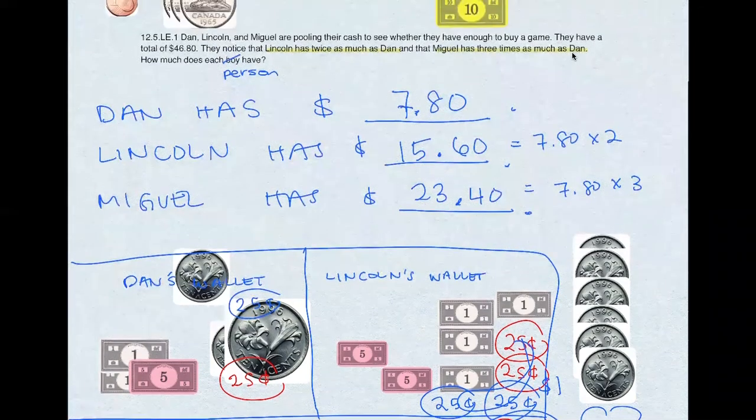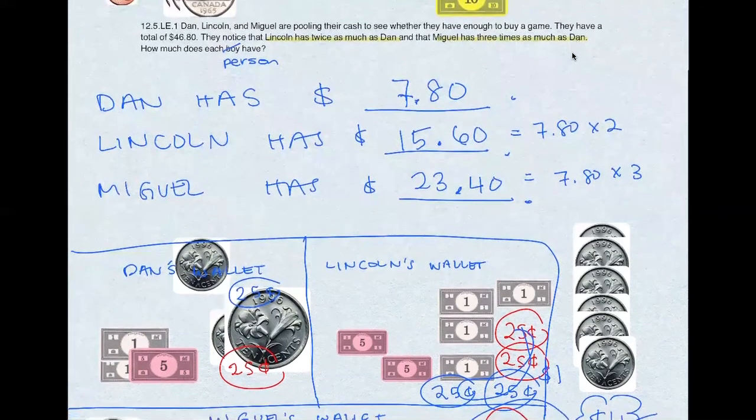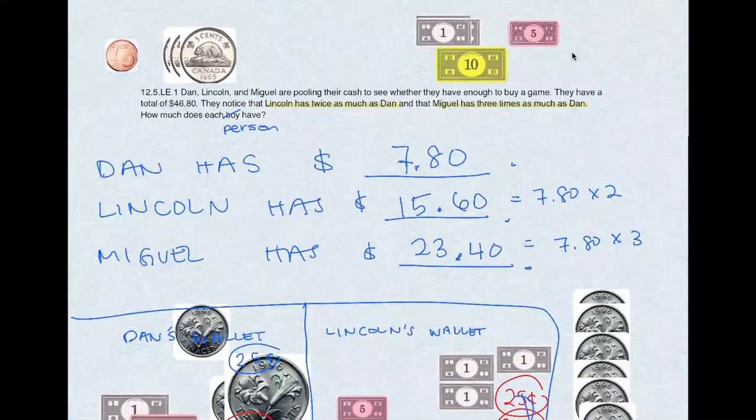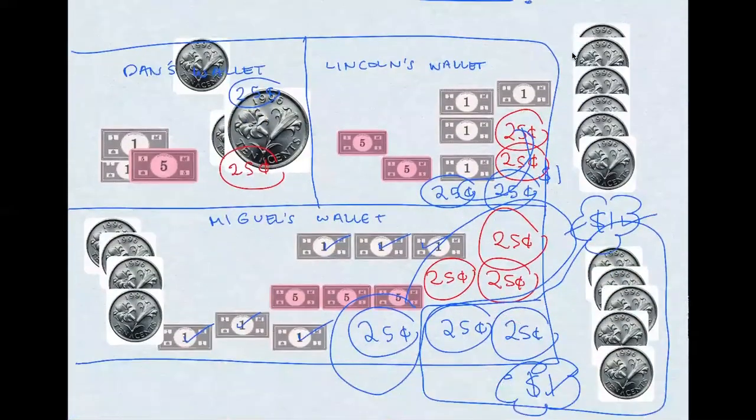Another way to go through this is to interpret the statement that's highlighted, that Lincoln has twice as much money as Dan and Miguel has 3 times as much money as Dan. I apologize. I'm going to take that statement and rewrite it because I think it's really important. It's another visual representation I'm going to give.